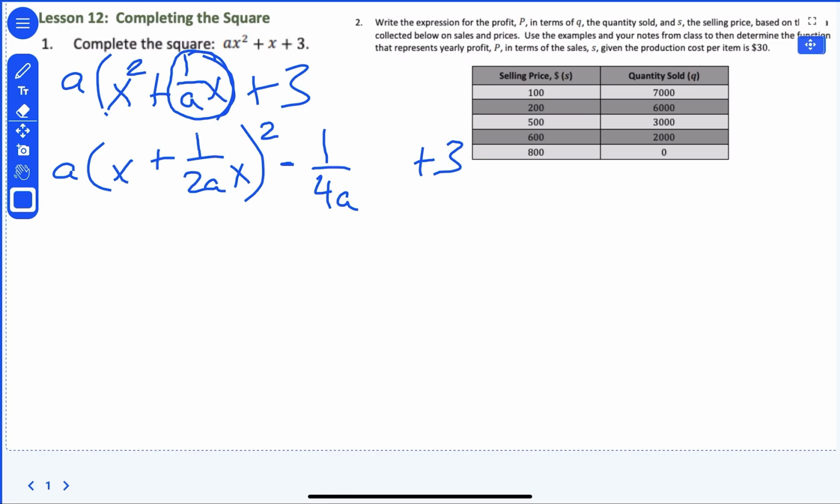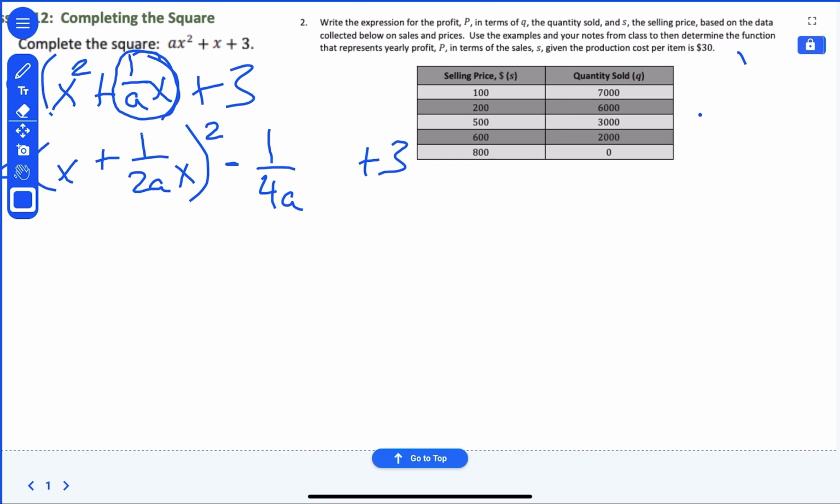All right. So let's look at number 2. It says, write the expression for the profit P in terms of Q. Q is, of course, the quantity sold, and S is the selling price based on the data collected below on sales and prices.